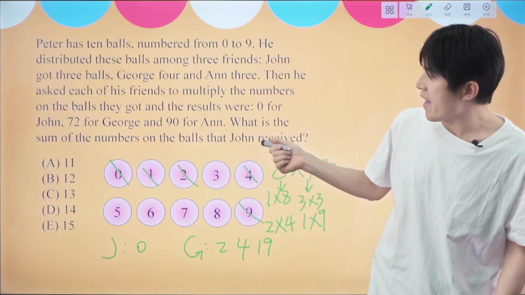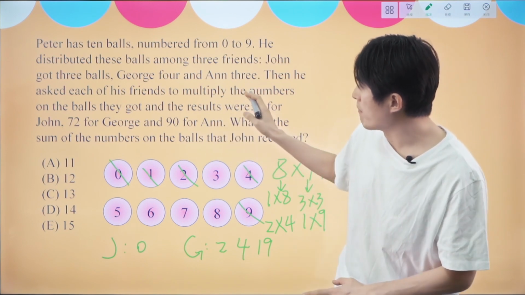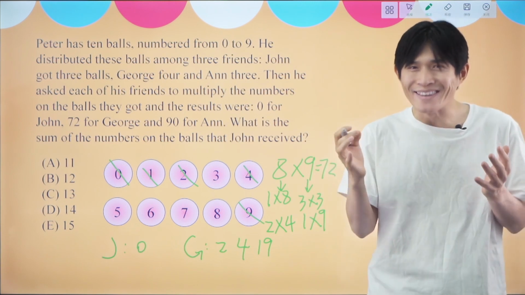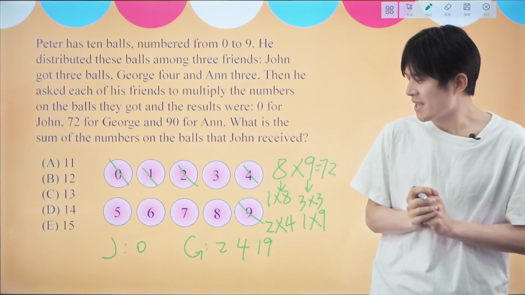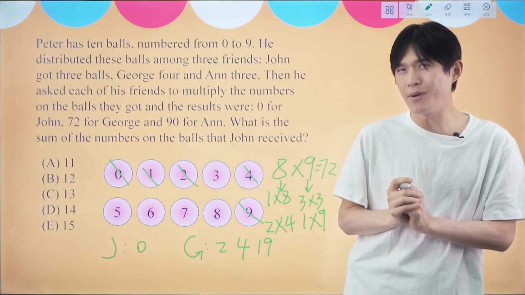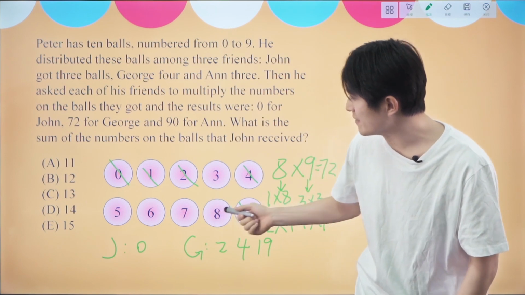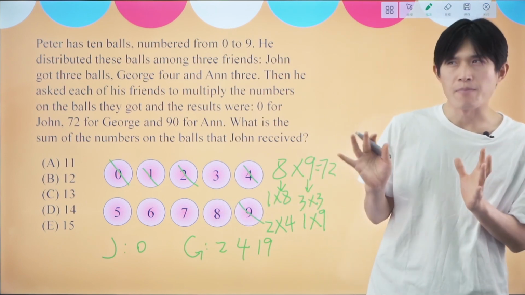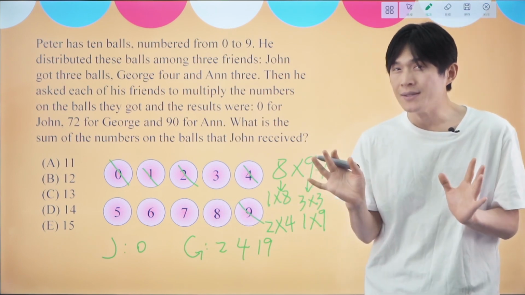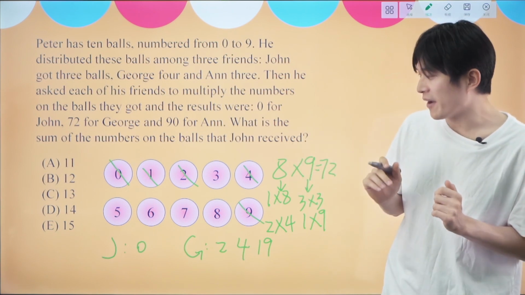And we know that when you multiply 3 numbers, you get 90. How can you get 90 when you multiply 3 numbers? So we have 3, 5, 6, 7, 8. So maybe you can try 3 times 30 is 90.